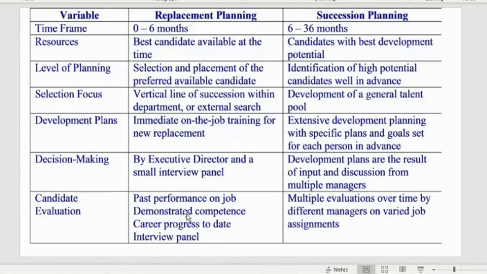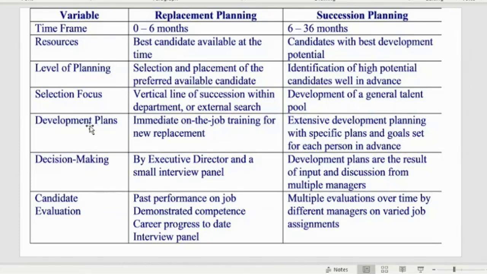And then candidate evaluation is based on past performance on the job, demonstrated competence, career progress to date, and an interview panel. Now for succession planning, you can see it's much more long-term, 6 to 36 months, with candidates with the best development potential. Identification of high potential candidates happens well in advance. There's a development of the general talent pool.